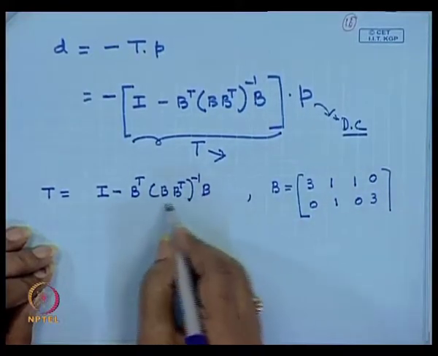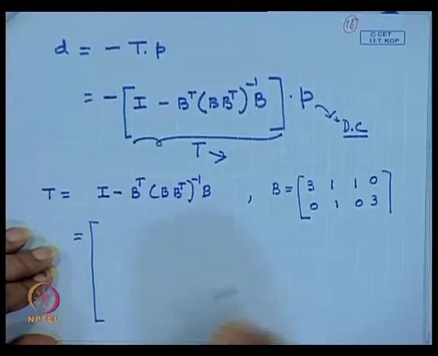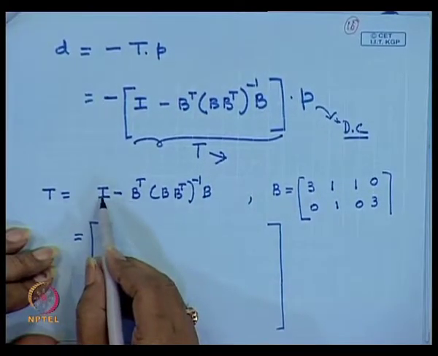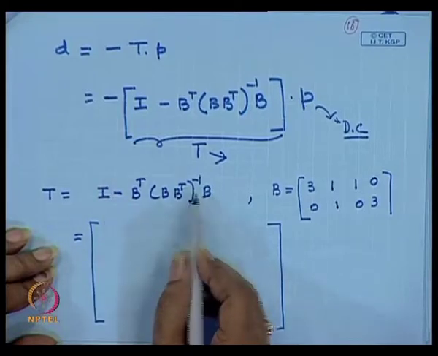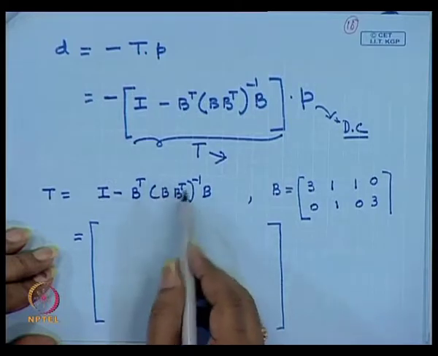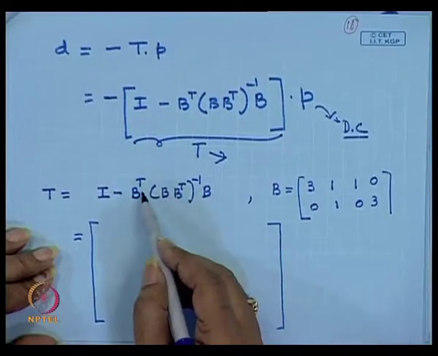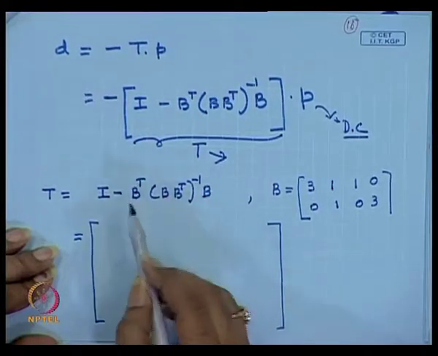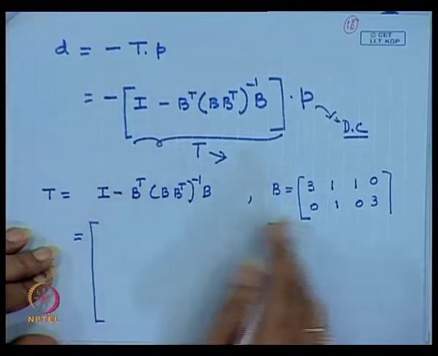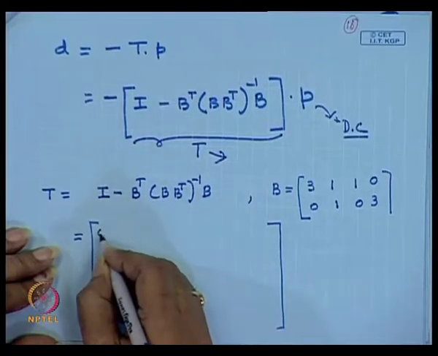Put the value of matrix B here, then you will get the result. I am not computing in detail, and one can see this because I is a symmetric matrix minus another symmetric matrix, the result is a symmetric matrix. B B transpose is symmetric, its inverse is a symmetric matrix, then multiplied on both sides by B transpose and B, that is also a symmetric matrix. So, the result is a symmetric matrix. I am writing the results after putting the value of B in this expression.